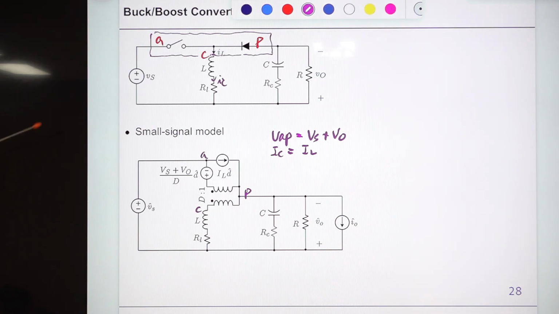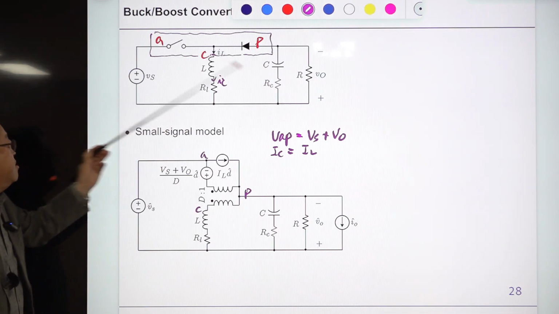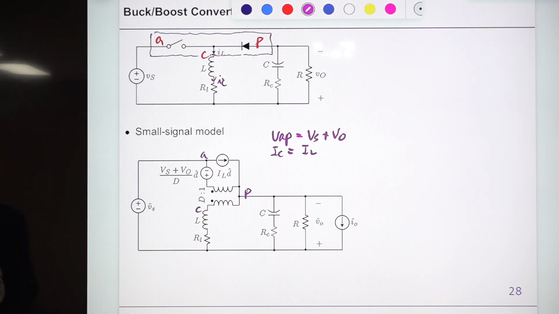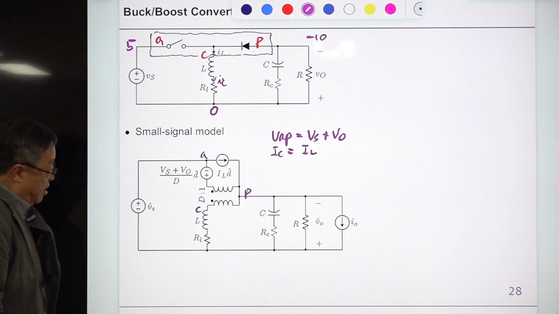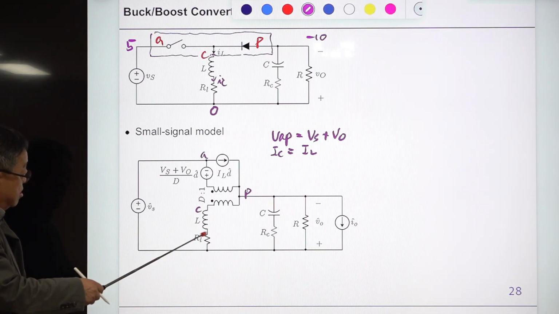The polarity of the output is the reverse of the input, which means that if this is 0 and this is 5 volts, then this can be any negative value because it can step up and step down this 5 volts. And this is the small signal model.